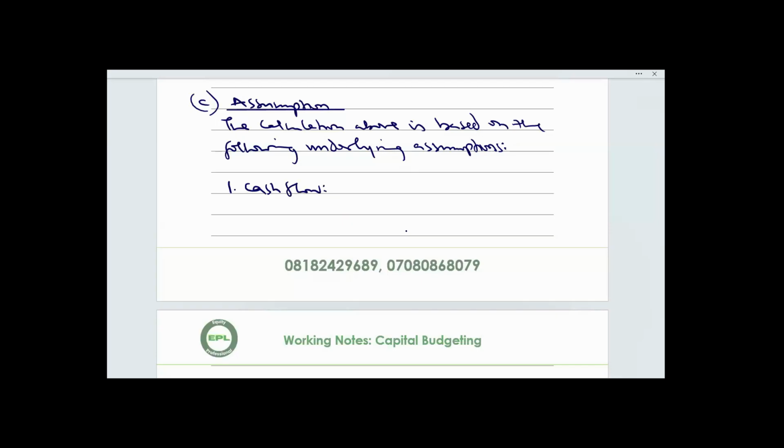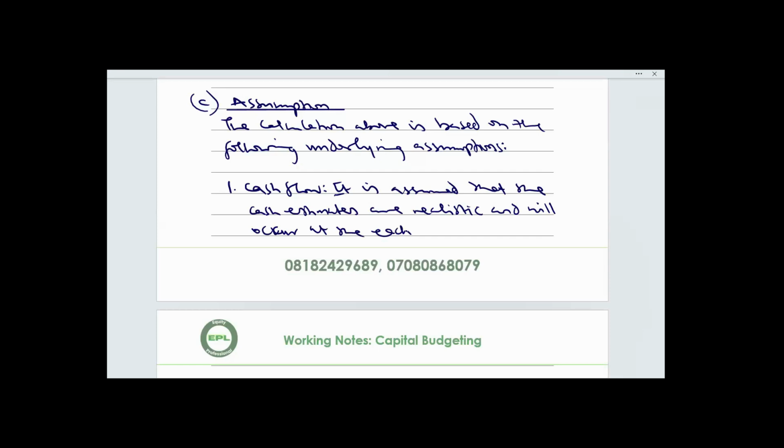Let's state it down. It is assumed that the cash flow estimates are realistic and will occur at the end of each year.